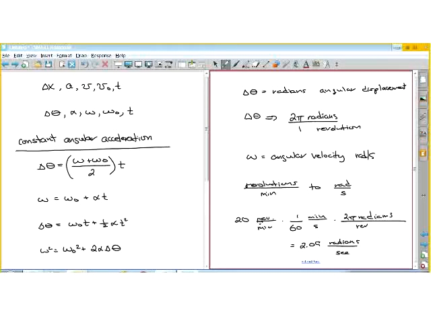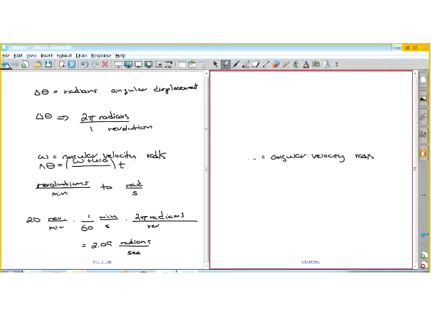So make sure you convert that. If the problem gives us revolutions per minute, you need to convert to radians per second before you use that. And to go the other way, you would just use the opposite of that. So if I needed the answer in revolutions per minute, then you calculate a radian per second, you'd multiply by 60 divided by 2 pi.